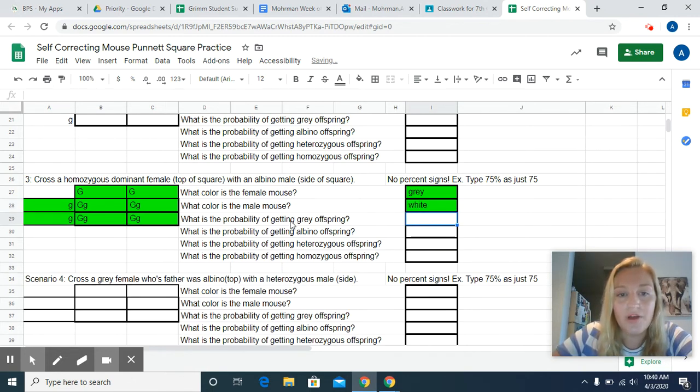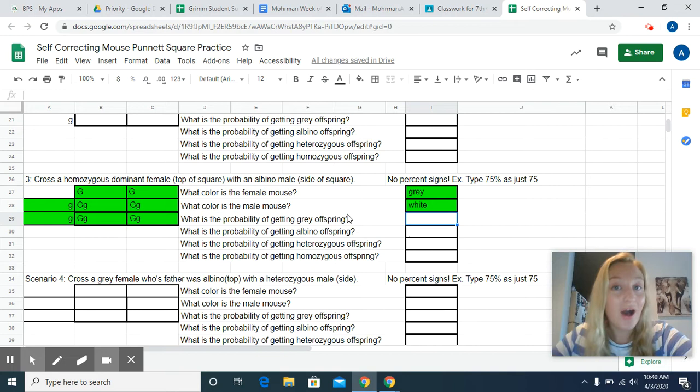And then what is the probability of getting gray offspring? Remember, gray is the dominant trait, so you have 2 options here. You can either have homozygous dominant, which is big G, big G, or you can also have the heterozygous genotype, which is big G, little g. That gray dominant trait masks that white recessive trait.